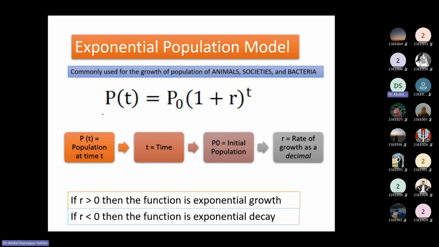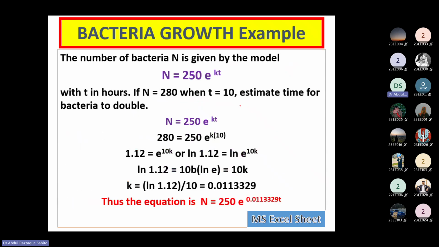We have one model of the population, the human population. In this human population model we have a plus sign over here. This plus sign indicates that this is the growth model, that is, the population will increase. Now the same model will be used, p of t equals p naught times 1 plus r to the power t, but this time we have a negative sign.